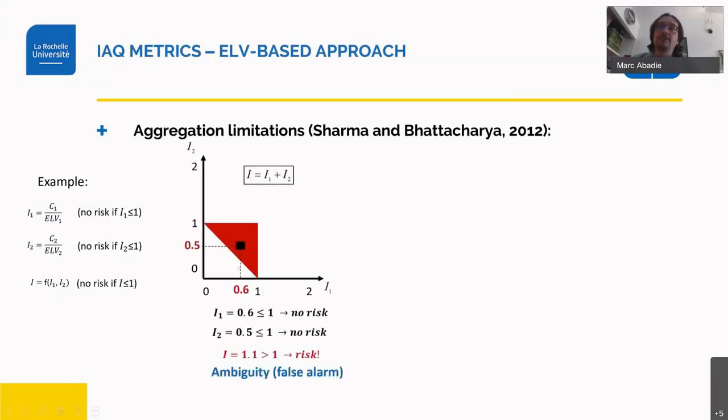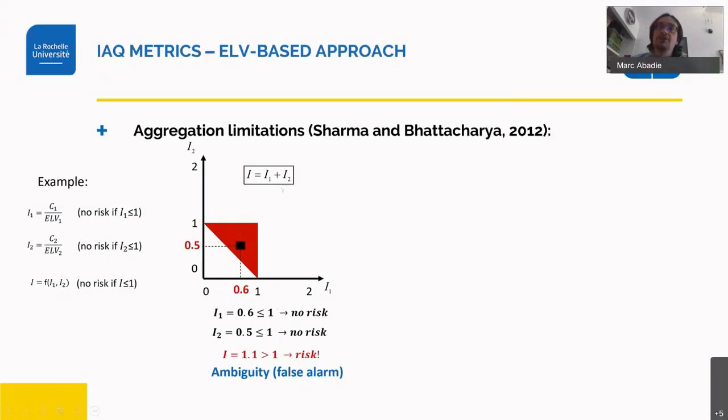And if we do that with this example, what I show with some numbers here, but any couple of sub-indices lying in the red zone here will do the same, the conclusion is that there's no risk if you consider pollutant 1, there's no risk for pollutant 2. But if you aggregate making the direct summation with this rule here, you will detect a risk using this definition. So that's what they call the ambiguity, or I call it false alarm in this case. So we want to avoid this kind of thing when you're defining the function here for the aggregation.